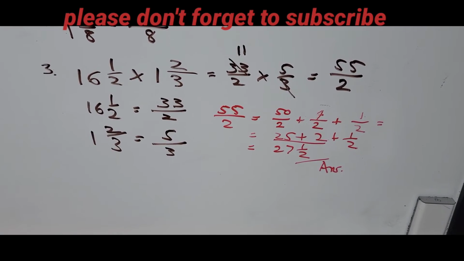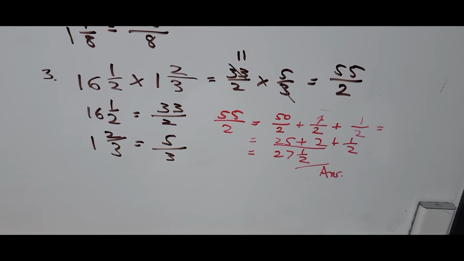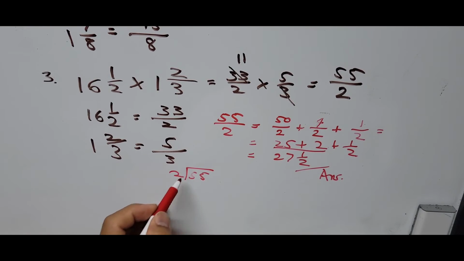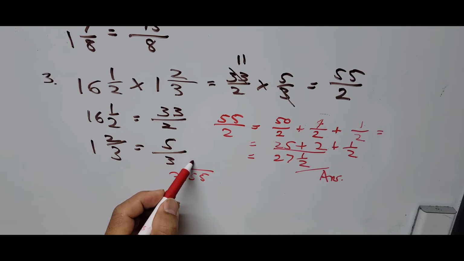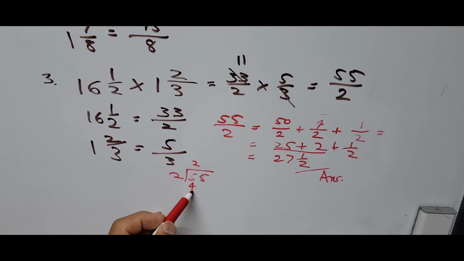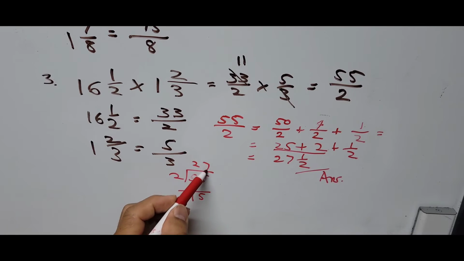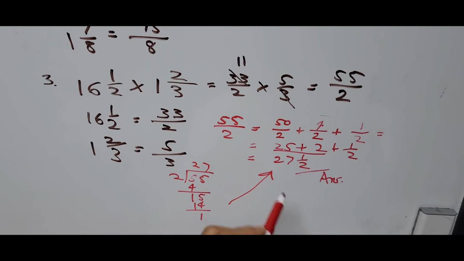And to verify if our answer is correct, we have to do long division. Okay, so that is 55 divided by 2. 5 divided by 2 is 2. 2 times 2 is 4. 5 minus 4 is 1. Bring down 5. 7 times 2, 14. 15 minus 14 is 1. So that becomes that right there.